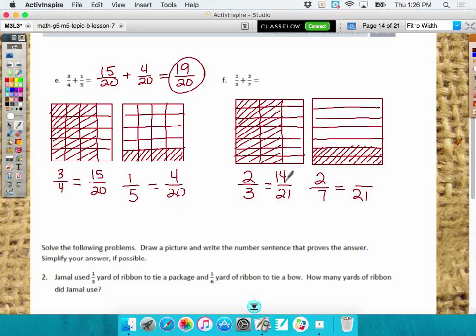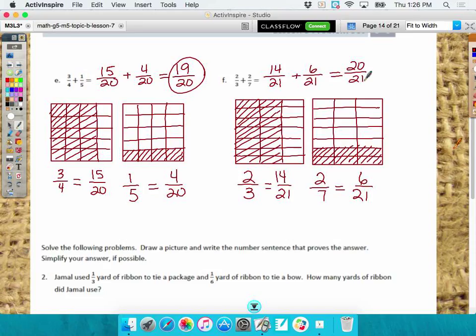How many are shaded in the first area model? I have 14. Is that what you have? Okay. How many are shaded in the second area model? 6. So rewriting this, it's pretty important to rewrite it, boys and girls. So make sure you rewrite it and that you're not being lazy and just writing the answer.